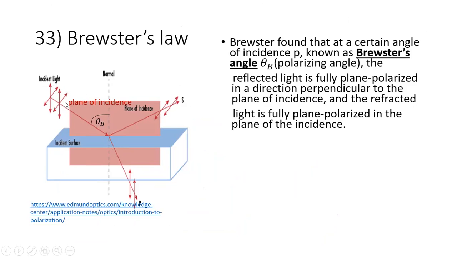So this one is removed, or this one is going in and out. The in and out one is the one that passes through at Brewster's angle. Whereas for the reflected ray, this one is removed. The one parallel to the plane of polarization will pass through.